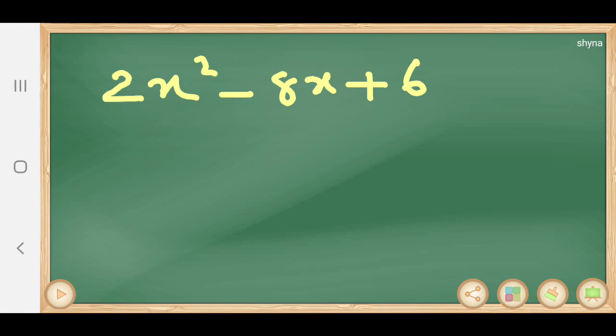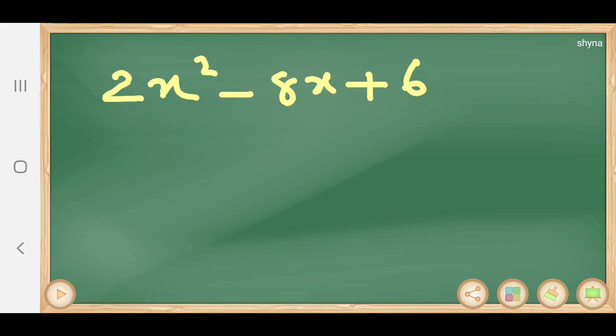It has at most 2 zeros because it is a quadratic polynomial. In the last class we studied that a linear polynomial has at most 1 zero, a quadratic at most 2, and a cubic at most 3.